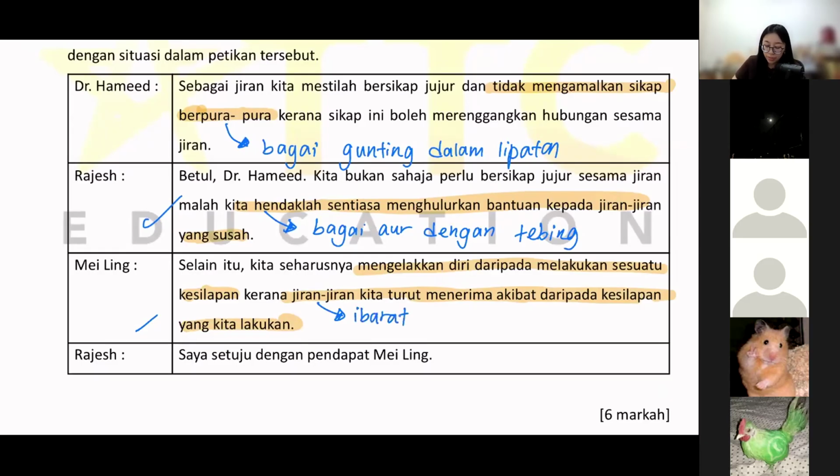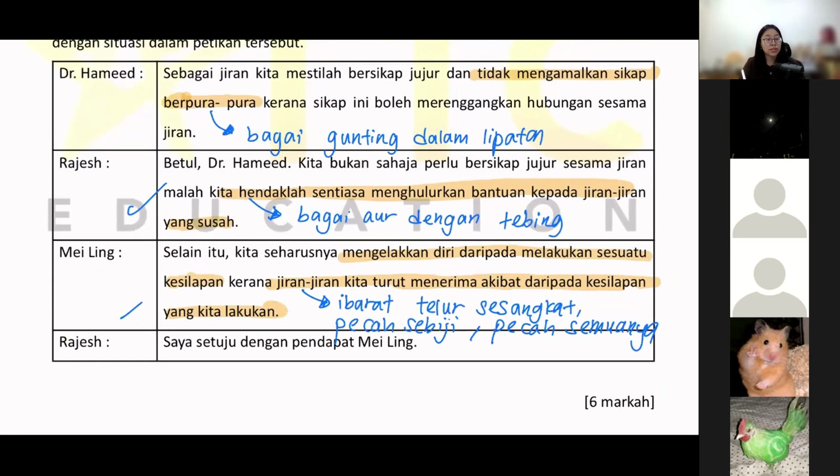Okay, like ibarat telur sesangkat pecah sebiji pecah semuanya, which is one person affects everyone. For example, one person in your class making noise, then the teachers punish the whole group of the students just because of the one person, which is one person affects the whole group.